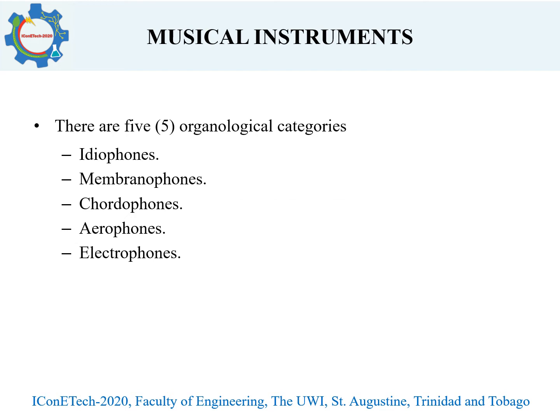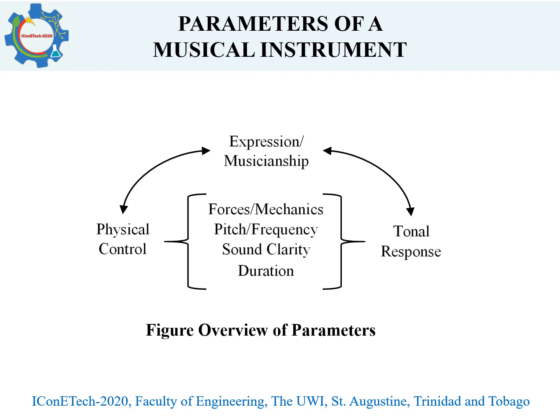This slide shows the 5 categories for musical instruments. This figure shows how expression and musicianship depend on physical control and tonal response, and they both are functions of forces, pitch, sound clarity, and duration of the instrument.